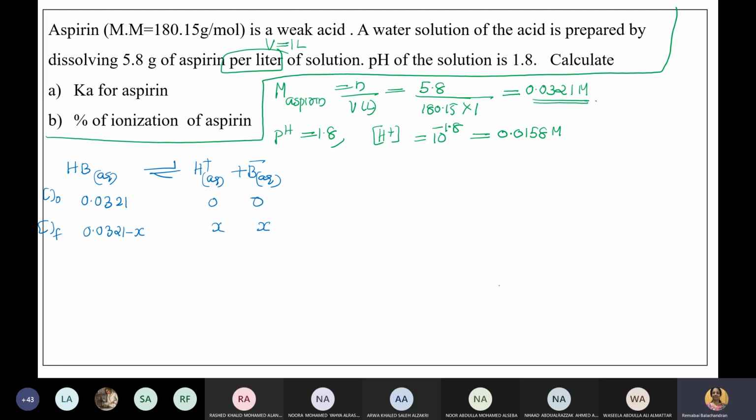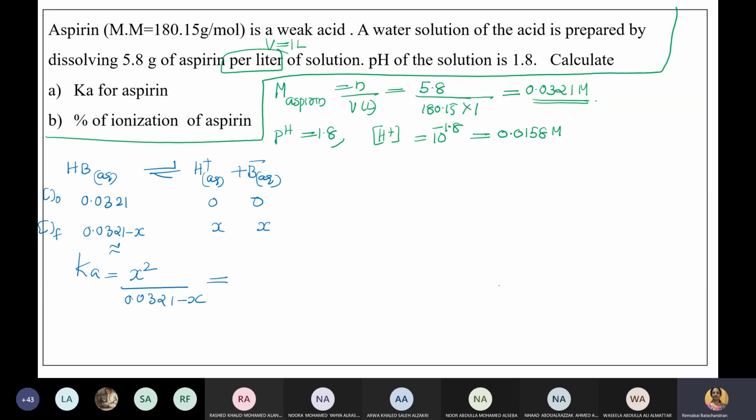Ka is equal to x square over 0.0321 minus x. Can I write straight away? You can find Ka.